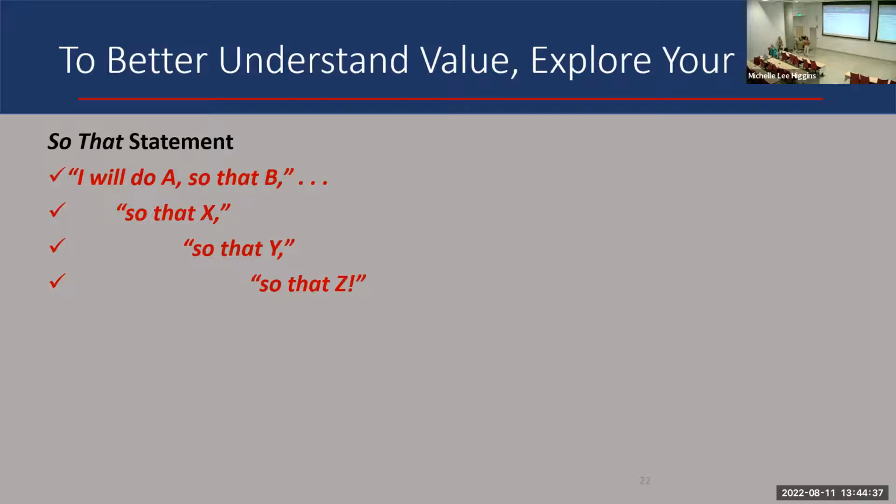It's just one exercise that you can use to really think through, where does my own passion lie? What excites me about my research? Where am I going with this? Because there are multiple pathways to impact society. So I do have one example.